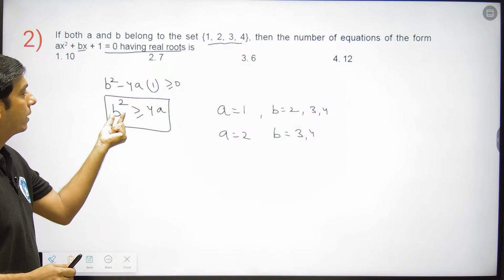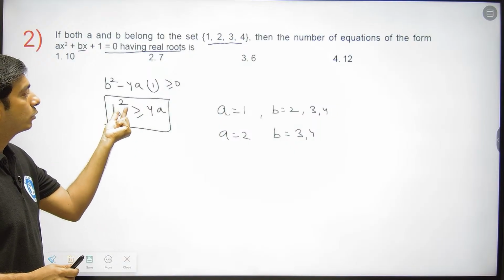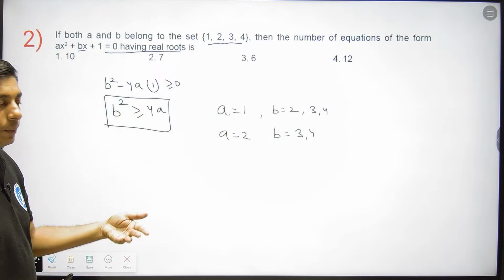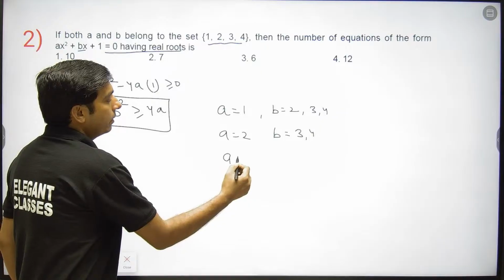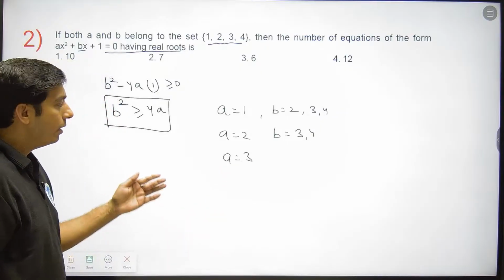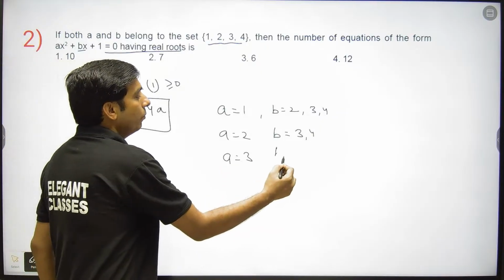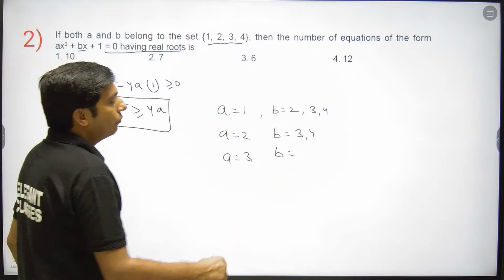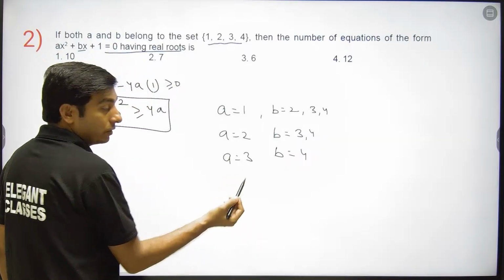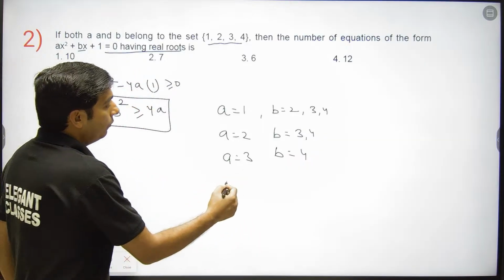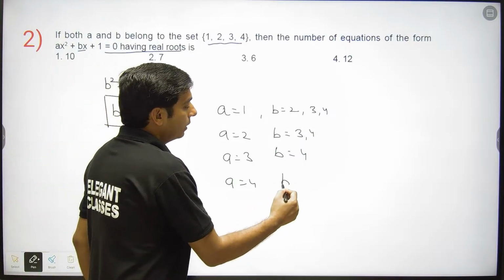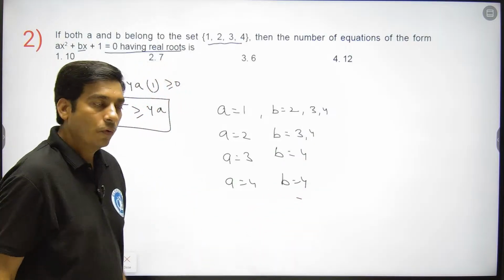So b square, meaning 3 square is 9 and 4 square is 16, both values will be correct. If a becomes 3, the right hand side becomes 12, so the value of b will be 4, which will satisfy the condition. And if a becomes 4, then b can also take the value 4.